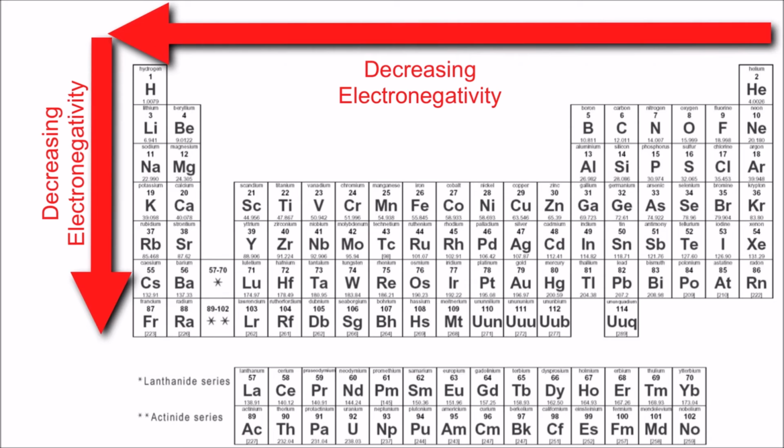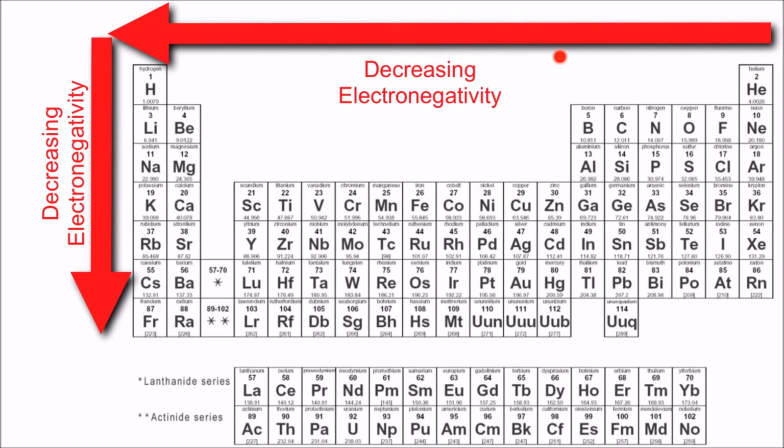Okay, so here's the trend for decreasing electronegativity. As we move down the group, we have more electron shielding, which means we are not going to be able to attract very many electrons to us because the nucleus is being shielded, and that's where all the positive charge is.